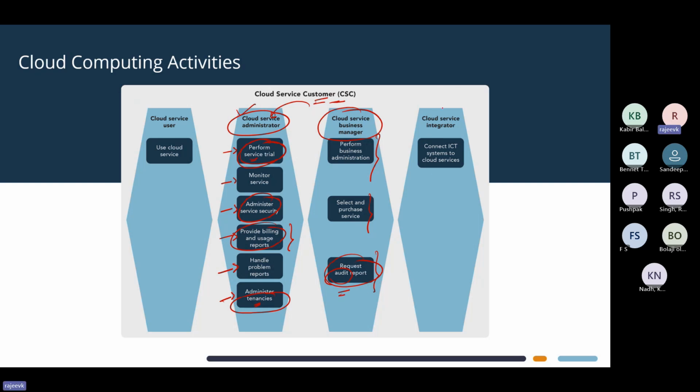Another sub role which is defined under the consumer is cloud service integrator, which is definitely responsible for integrating the cloud product. This role is responsible for integration of your existing products. It's completely possible that in your on-prem infrastructure, you are already managing certain identity services like Active Directory, right?